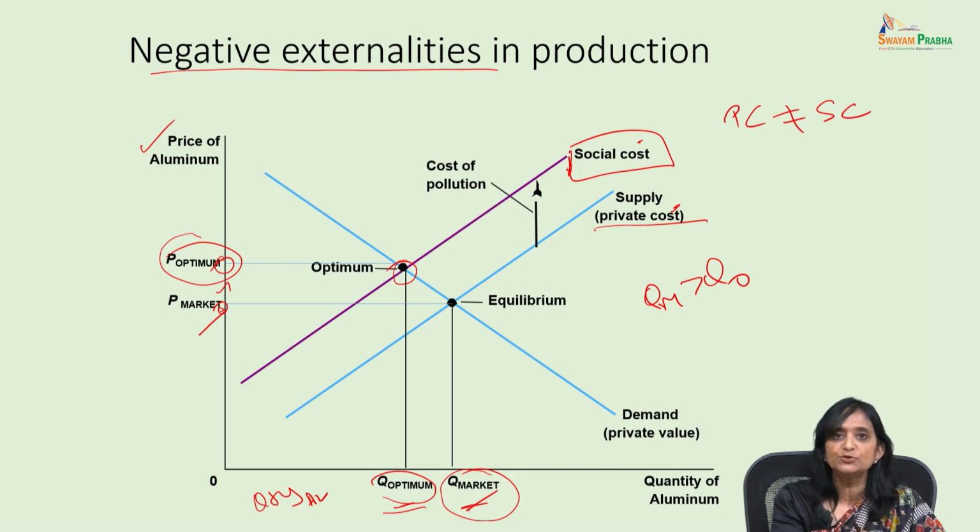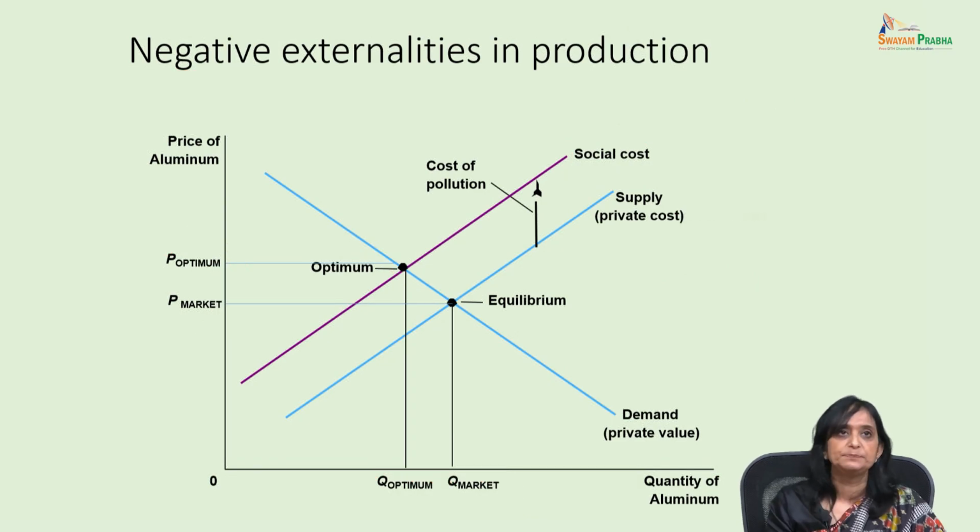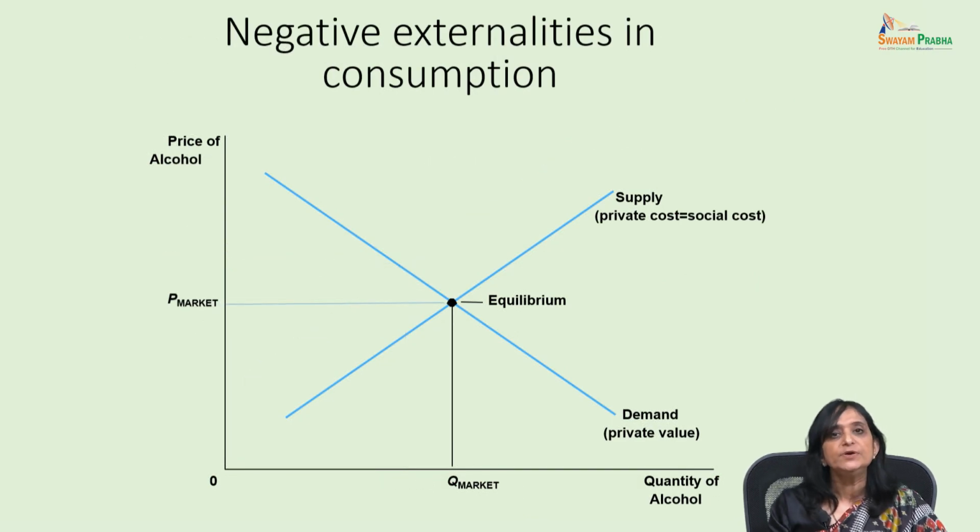If markets had taken into account this social cost, the equilibrium would have been at Q optimum and not at Q market. So if we leave it to the market, we get higher production of something which is not socially desirable.